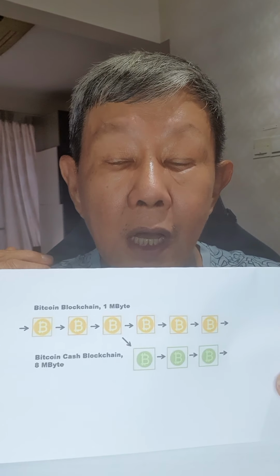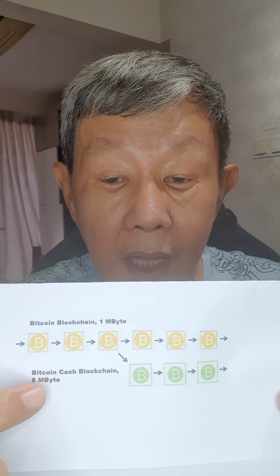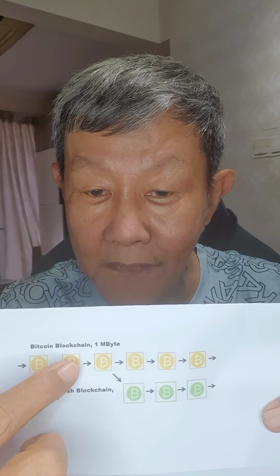We should increase it to 8 megabytes per block. All right. And because they do it, they start their own new chain. But they still copy the old chain. So from the old chain up to here, they go their way. The original Bitcoin continues, and the new Bitcoin Cash goes on its own way. This is typically a hard fork. All right.